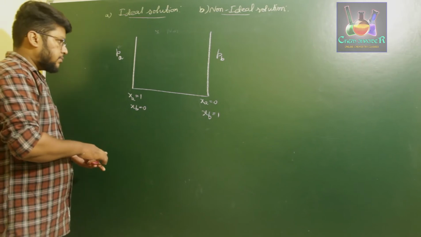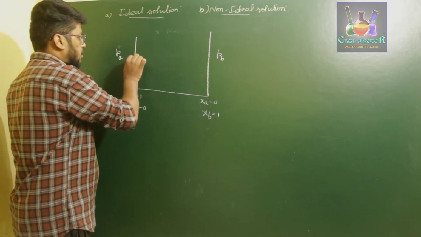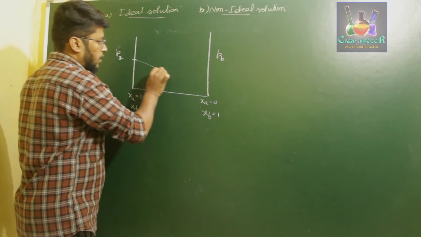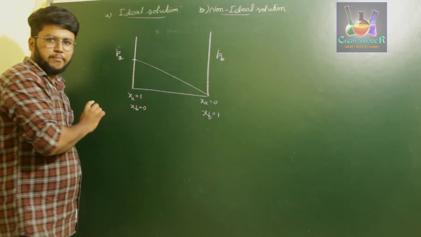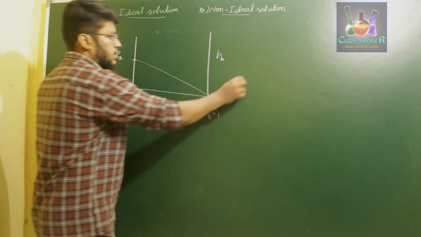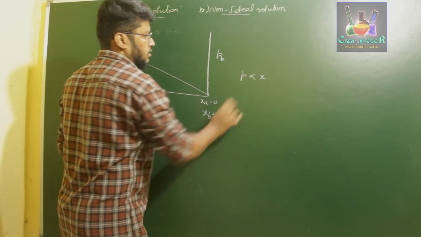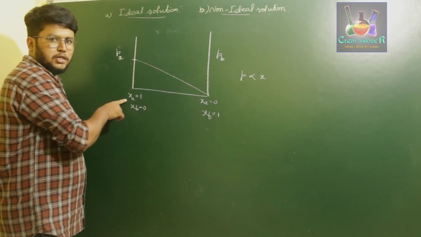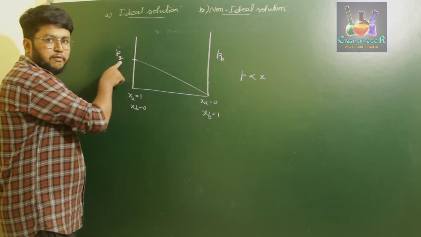If I draw the curve for this, what happens is P_A will be maximum at this point and will go on decreasing with a decrease in X_A, because Raoult's law says P is proportional to X, right? So since X_A is decreasing from 1 to 0, P_A will decrease.